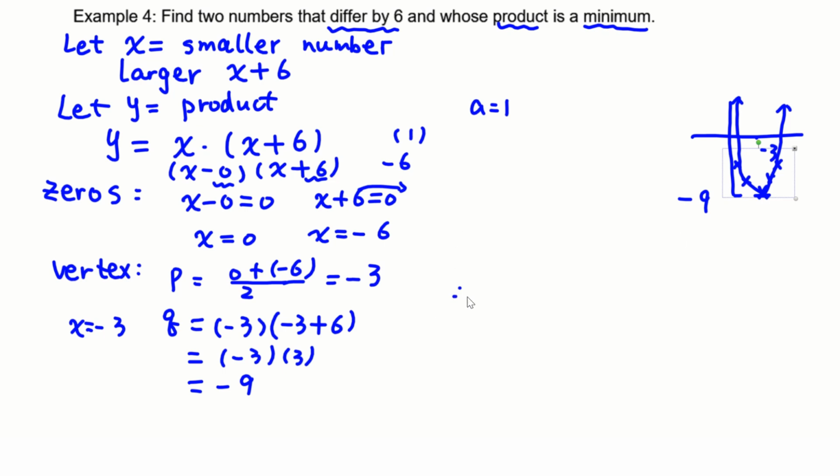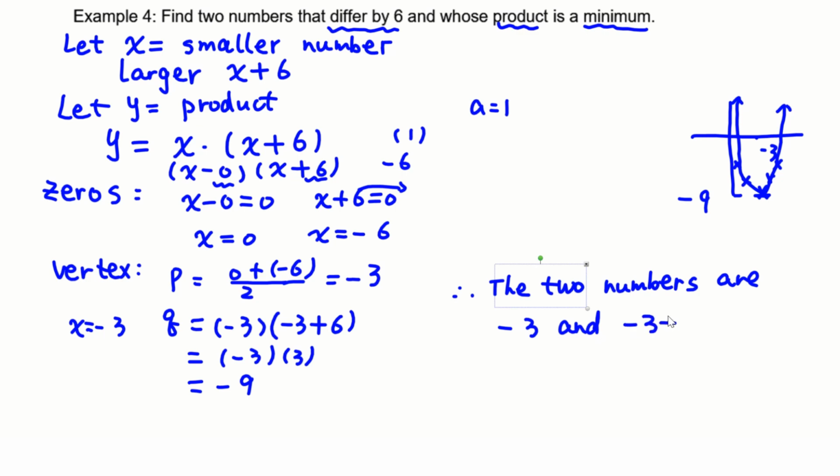So therefore, the two numbers are negative 3, and this is the smaller number. The difference is 6, which means plus 6. Negative 3 plus 6 is positive 3.